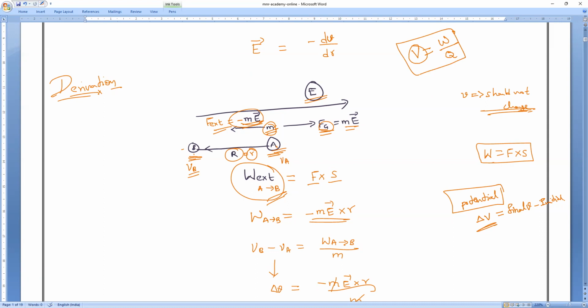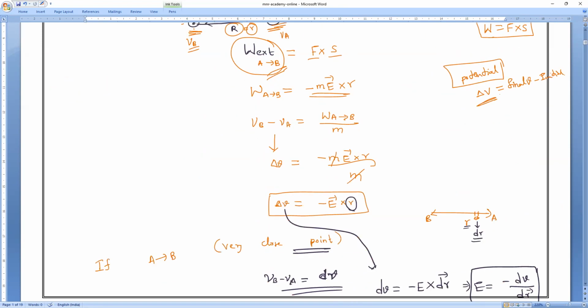The same principle we are applying here. So the change in gravitational potential is the work done to transfer the mass from A to B, per unit mass. Work done is minus M into E into R, M will get cancelled, so delta V, the change in potential, is minus E into R.